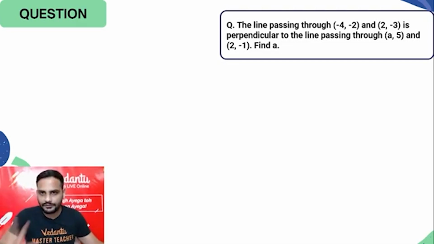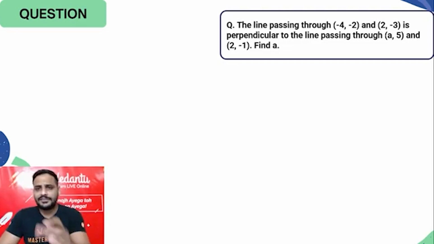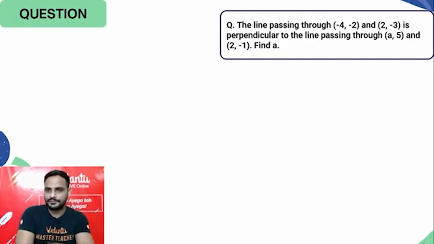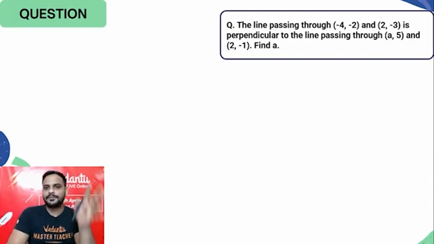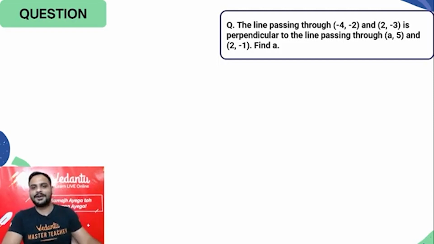Let's solve the first question. The line passing through (minus 4, minus 2) and (2, minus 3) is perpendicular to the line passing through (a, 5) and (2, minus 1). Find a. So look, this line is passing through 2 points. So if 2 points are given, I can find the slope of the first line.